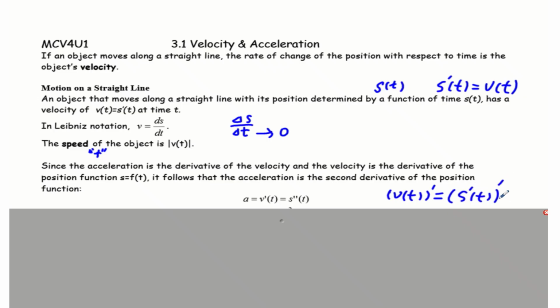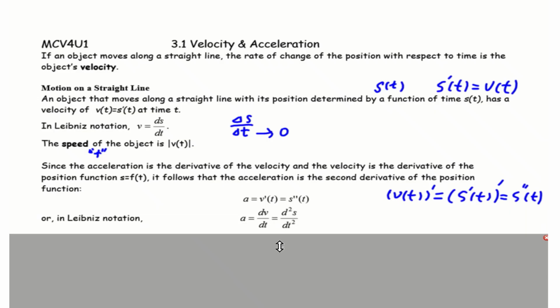We combine these two primes together and call it a double prime. So s double prime of t is acceleration. In Leibniz notation, it is dv over dt, or d squared s over dt squared.